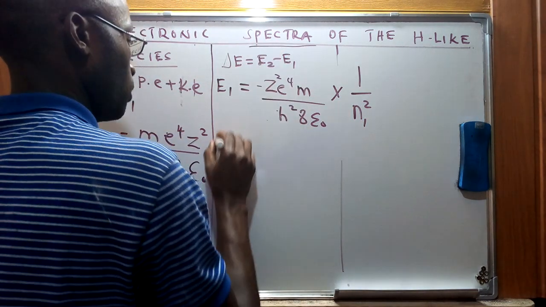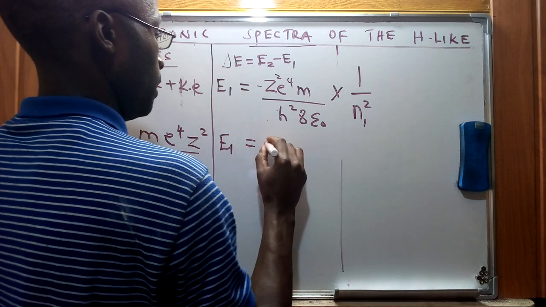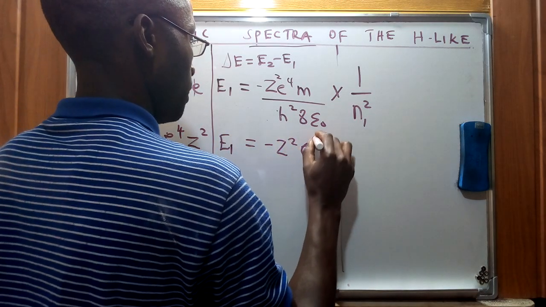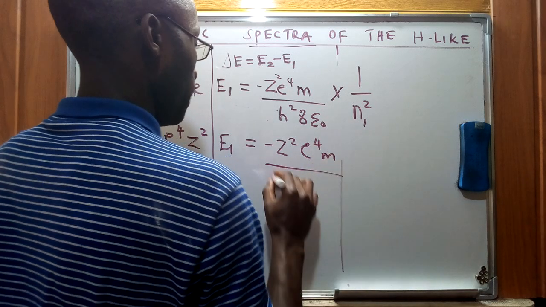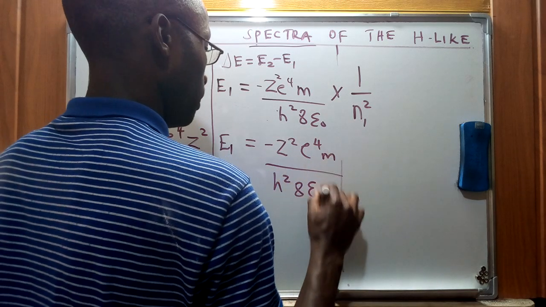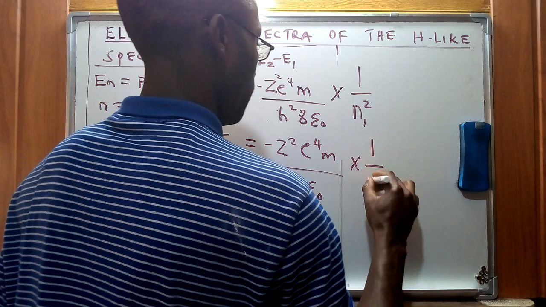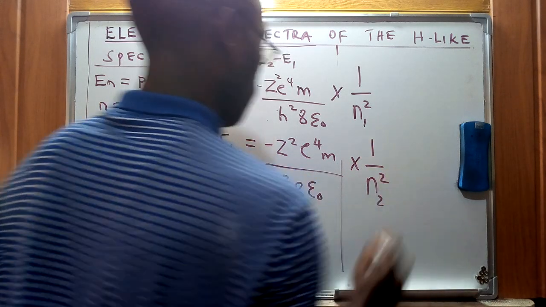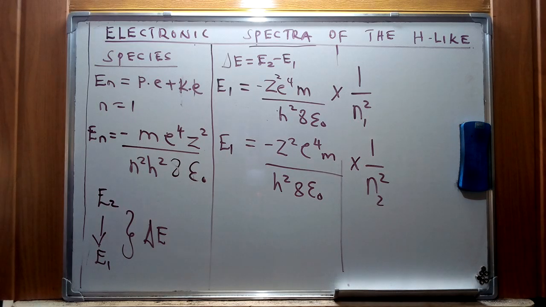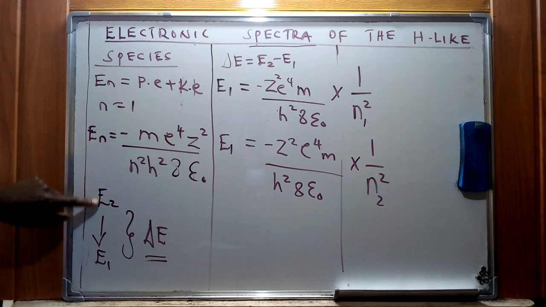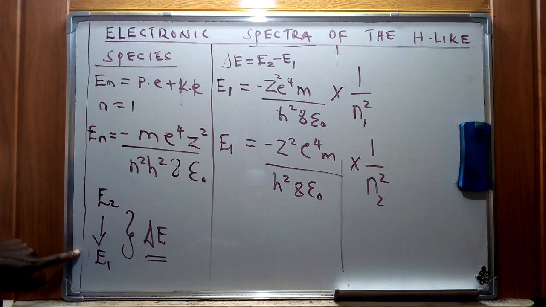For the second one, we're going to have it given still as negative Z squared e to the power 4 m all over h squared 8 epsilon naught squared, having a reciprocal of the square of that second level. The difference between the two is going to give us a description of delta E, the change in energy. The amount of energy experienced by an electron jumping from a higher energy level to a lower one is going to be given as the difference between the two.